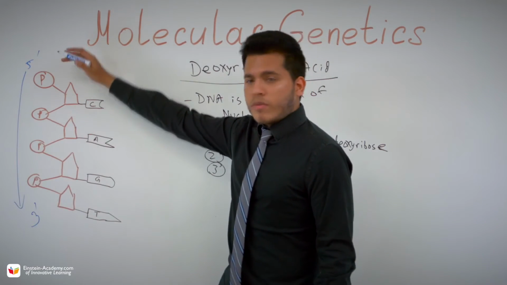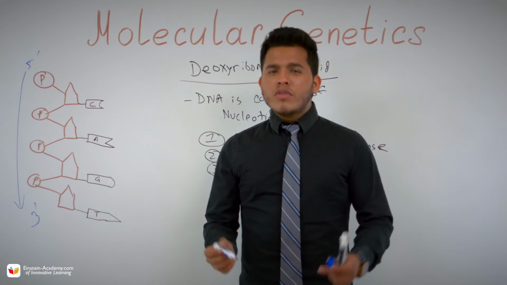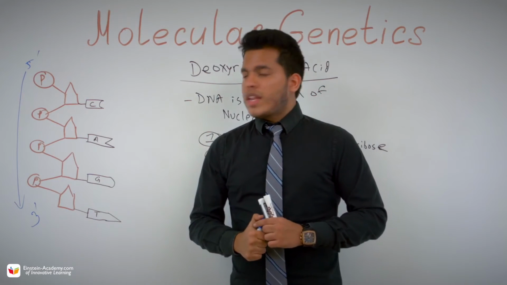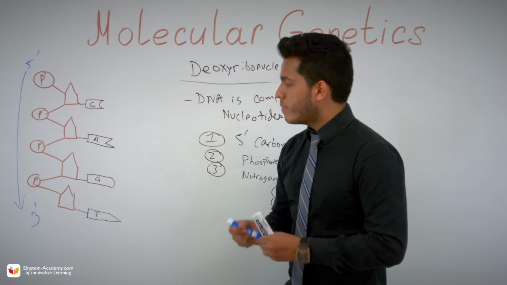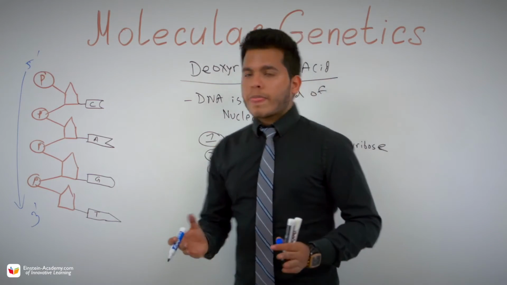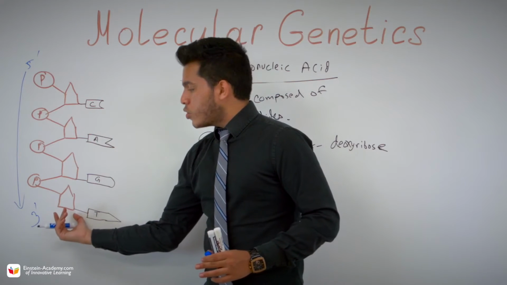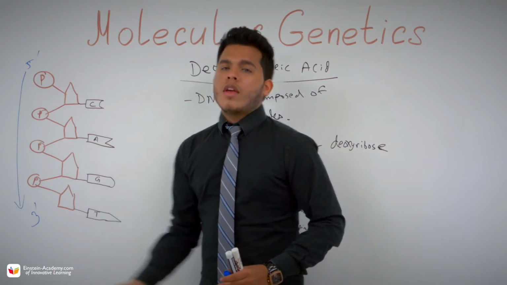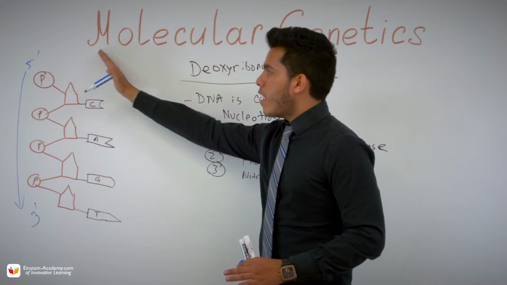Students get confused about this so many times. We're going to make a separate video explaining the 5' and 3' structure. But put it this way: if we're starting off with the phosphate group, it's 5', and if we're left with the sugar at the end of the drawing, it's 3'. And anytime I draw DNA, it's always from 5' to 3'.